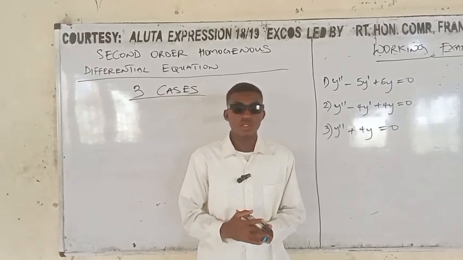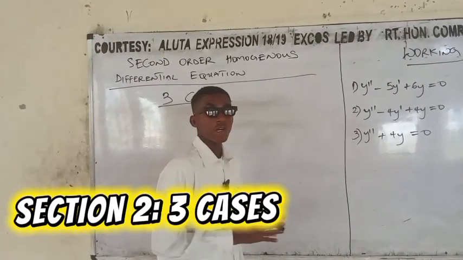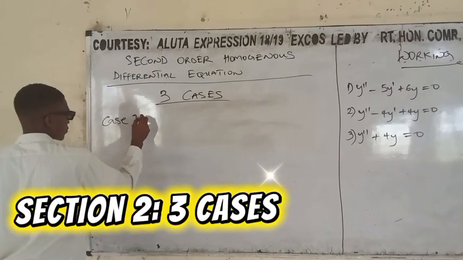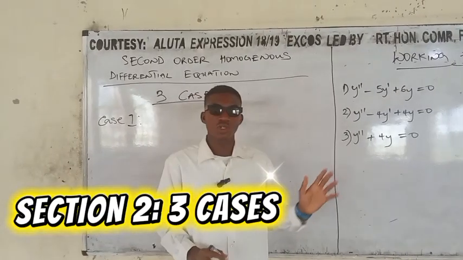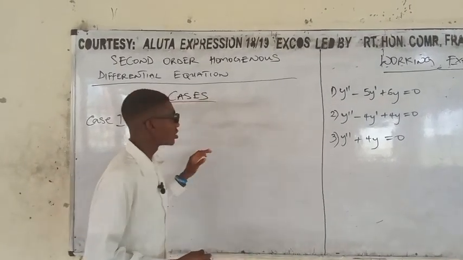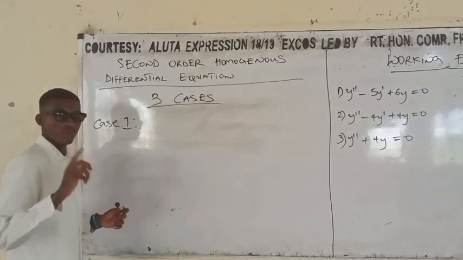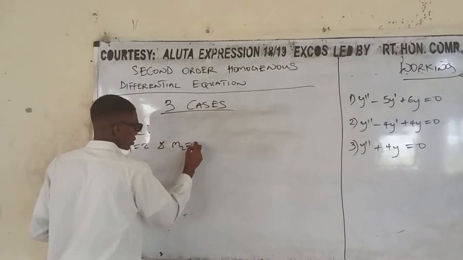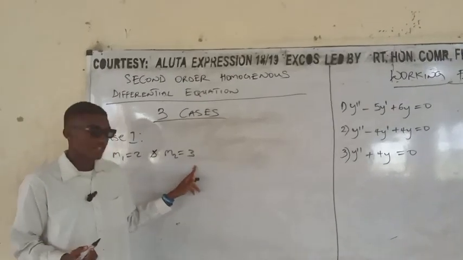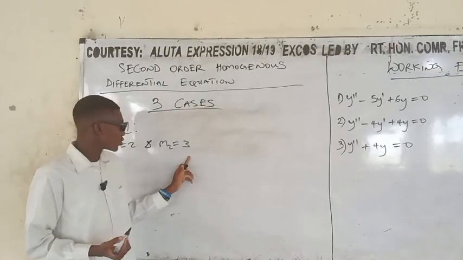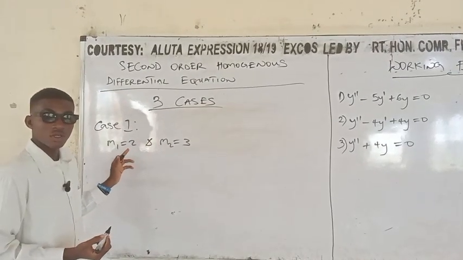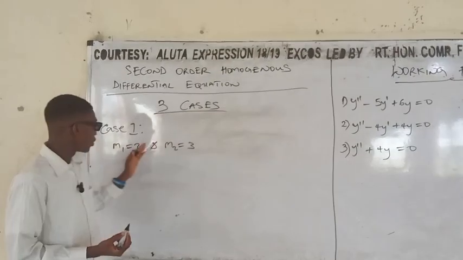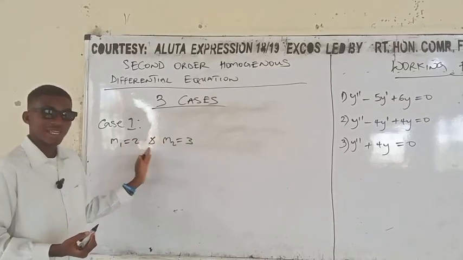Okay, welcome to the second section of this video, which is the three cases you need to know in order to solve a second order homogeneous differential equation. So, case 1. After solving the auxiliary equation, or what is otherwise called the characteristic equation, your roots are real and distinct. For example, if m1 equals 2 and m2 equals 3, these are real numbers, but they are different.